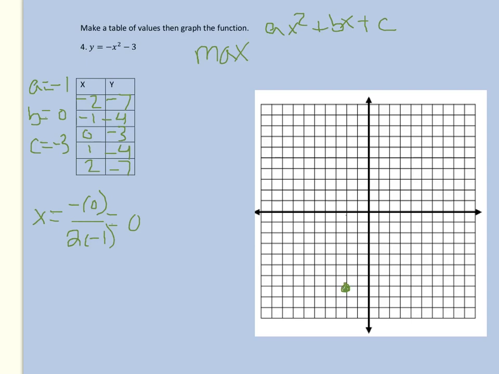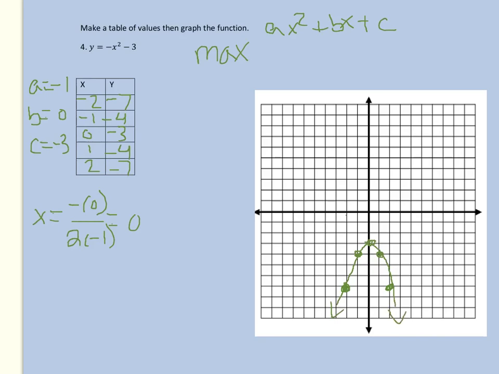And then you can just go 2 to the right as well, because it's +2, -7. At -1, down 4, and to the right, 4. At 0, -3. See how that's the maximum value of the graph?